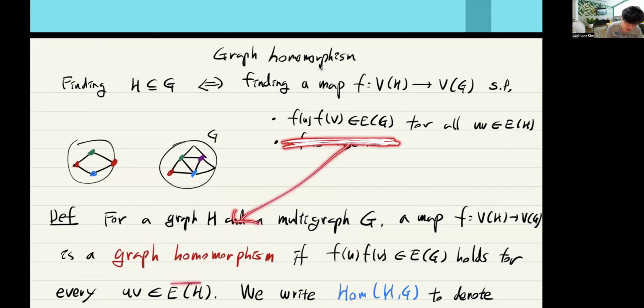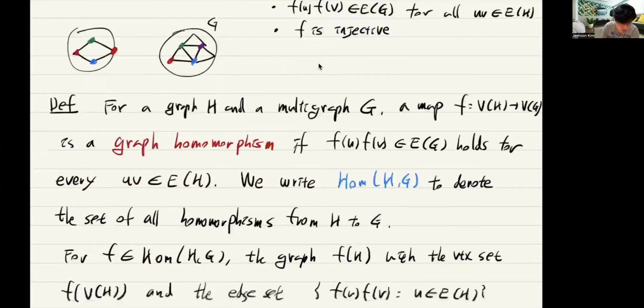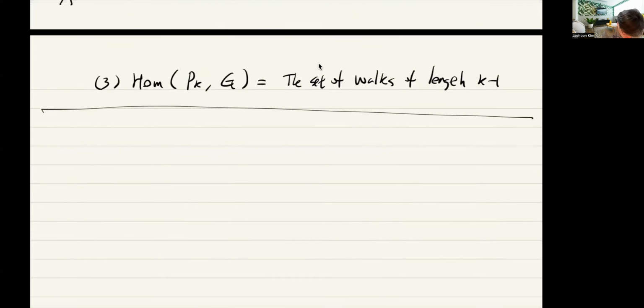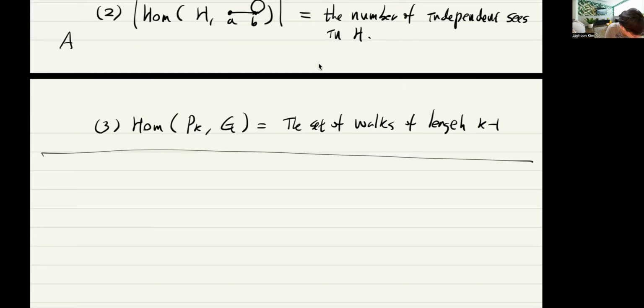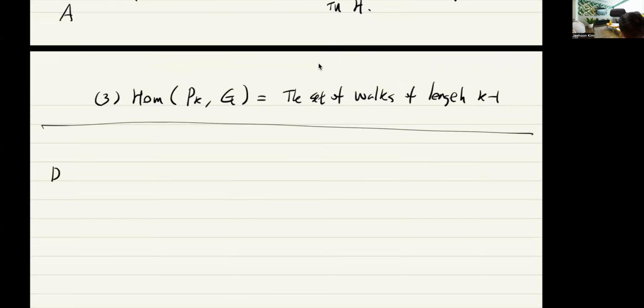That helps us to find homomorphic copies of H in G. And then if we can show that there are many homomorphic copies of H in G, and then we can somehow show that at least one of them is non-degenerate, then we have succeeded in what we want. So that's roughly why we consider homomorphism.